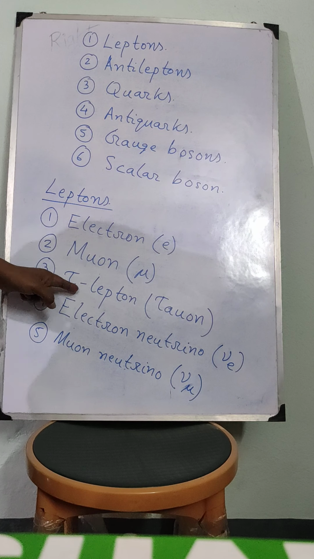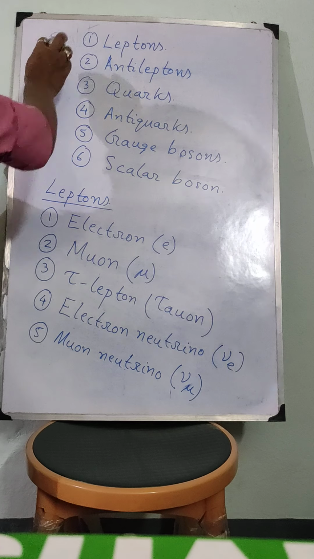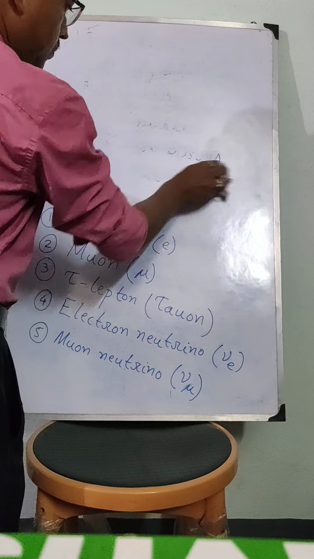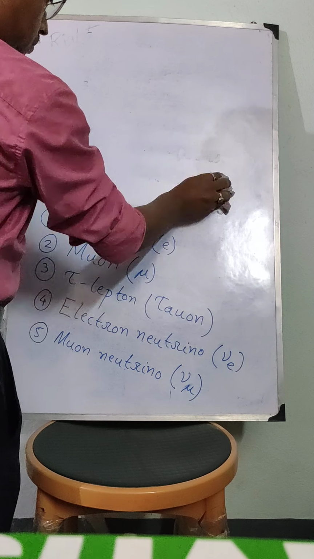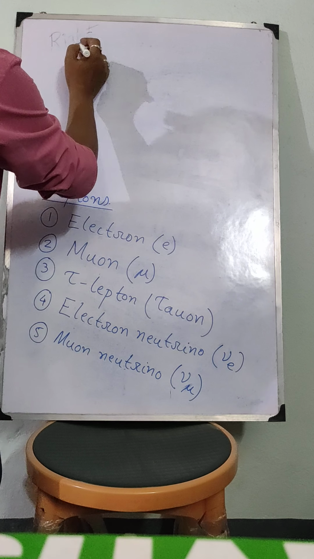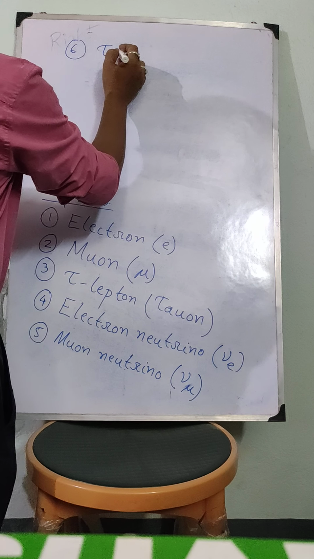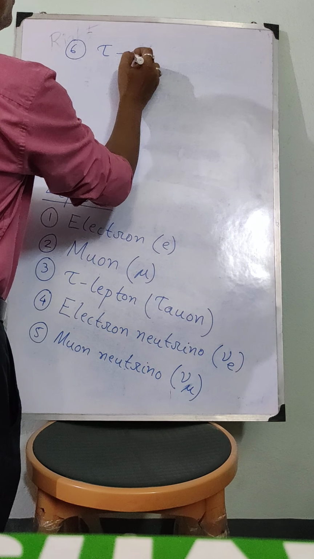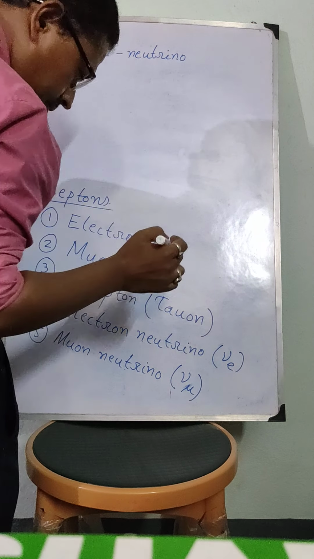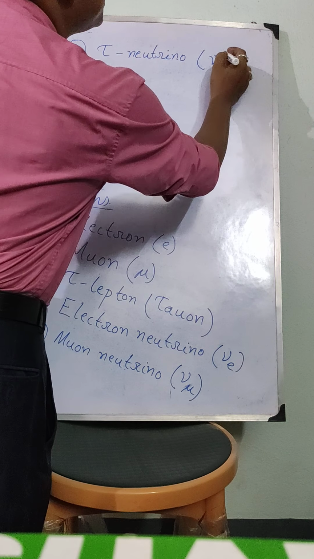And corresponding to tau lepton, we have another neutrino, that is called tau neutrino, the sixth lepton, and it is denoted as nu with suffix tau.